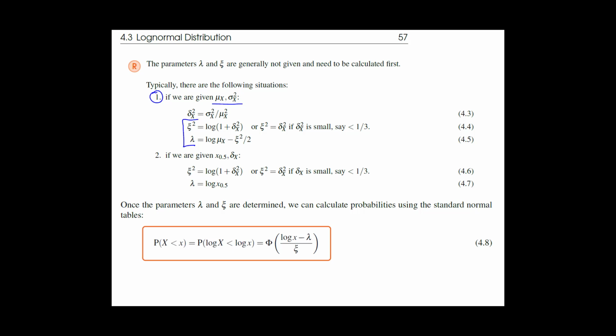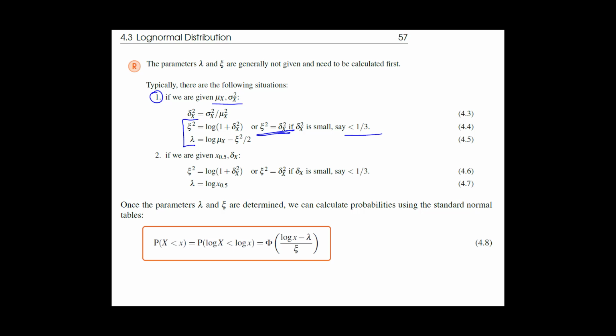And then we're going to compute psi squared because it's the log of 1 plus the coefficient of variation squared, right? It just comes from the previous slide. And again, when this coefficient of variation is small, then you can just say that psi squared and delta squared are the same. So in typical applications, when this is true, psi squared is the squared coefficient of variation. That's the best interpretation.